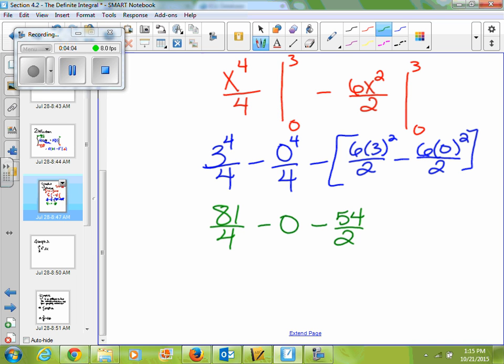And if I distribute my subtraction, I get plus 0 squared is 0, 0 times 6 is 0, 0 divided by 2 is 0. Okay, so then I can ignore my zeros because those mean nothing. So I end up with 81 divided by 4 minus 54 divided by 2.